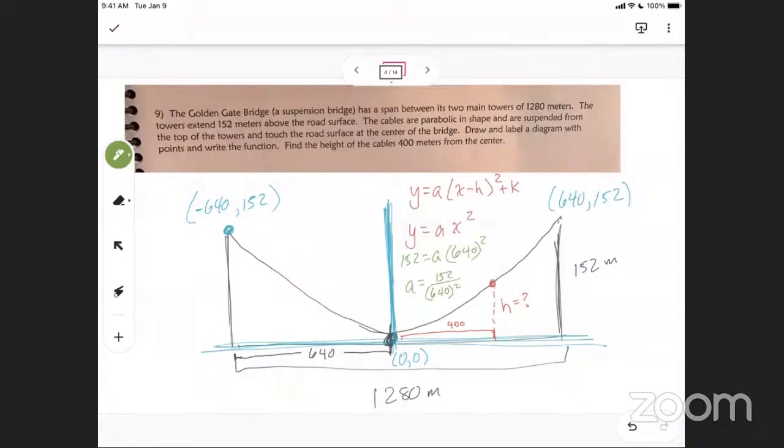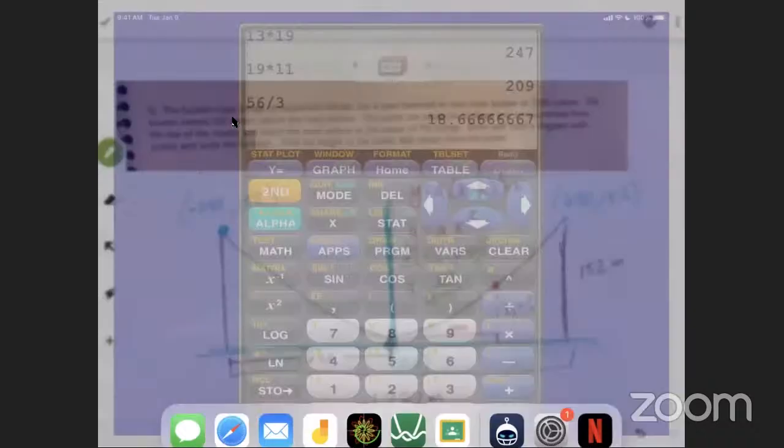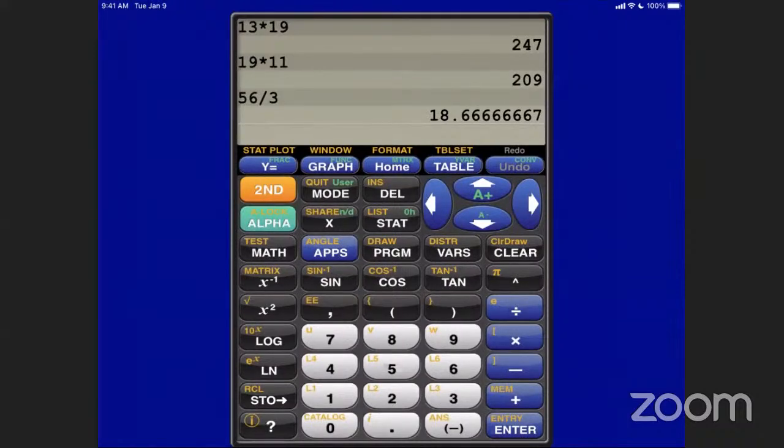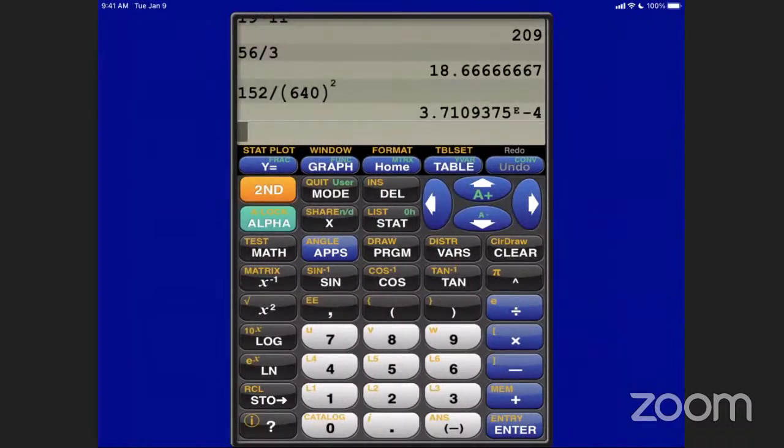Okay. So let's take our calculator out and punch that in. I would do some fancy stuff maybe, but let's just use the calculator again for the sake of time. So 640 squared. So it's 0.000371.